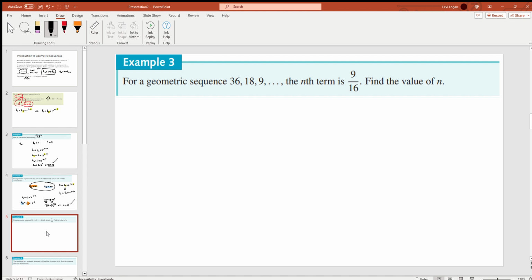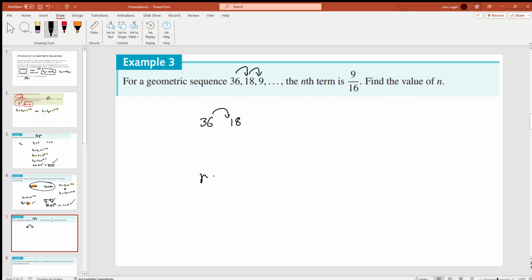Okay, so for a geometric sequence, 36, 18, 9, find the nth term that is 9 on 16. We can see this one is decreasing. So 36 to 18, we've got to think, how much is that decreasing by?